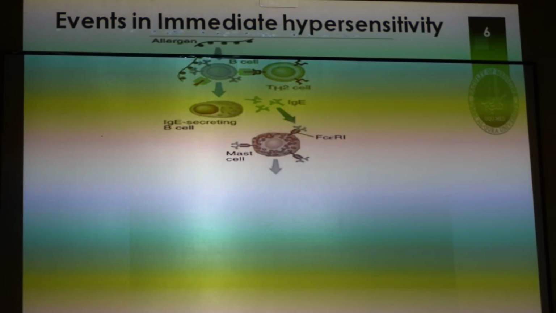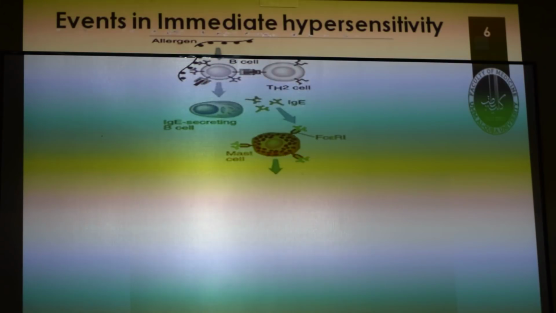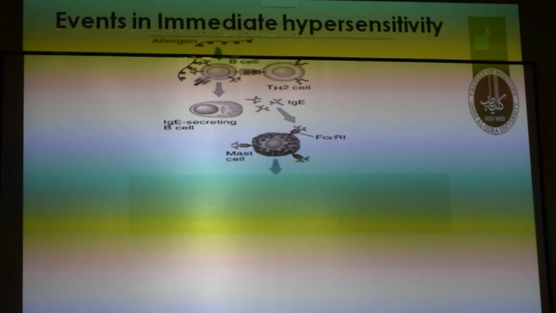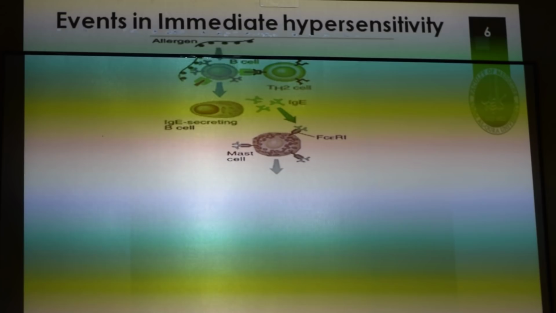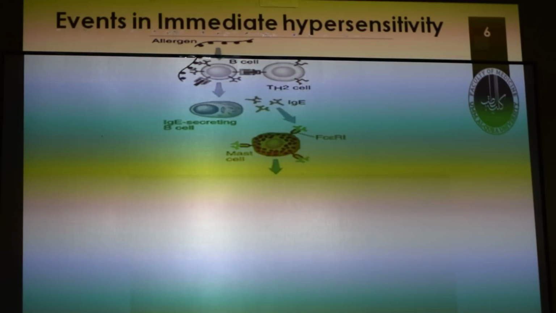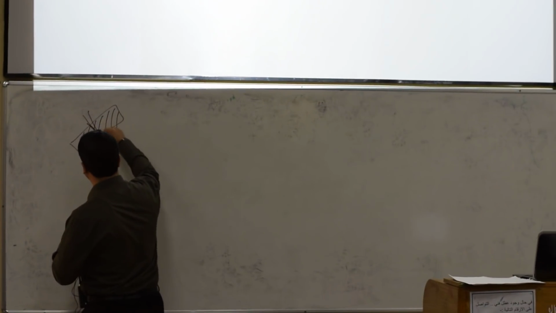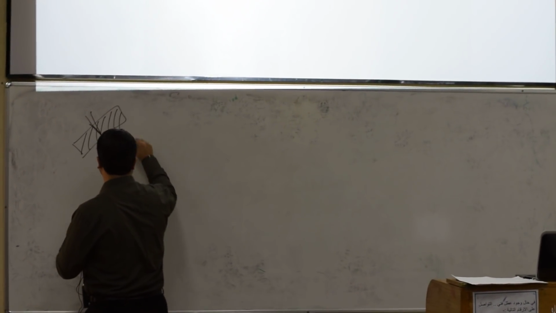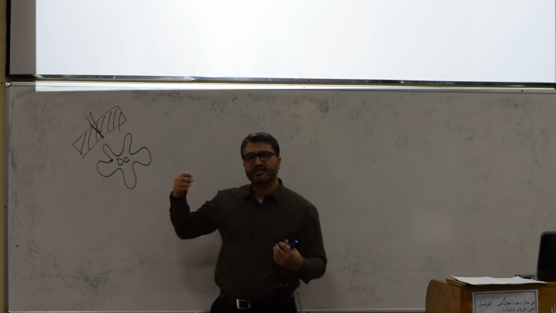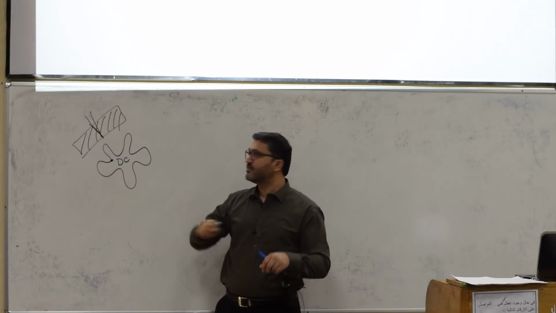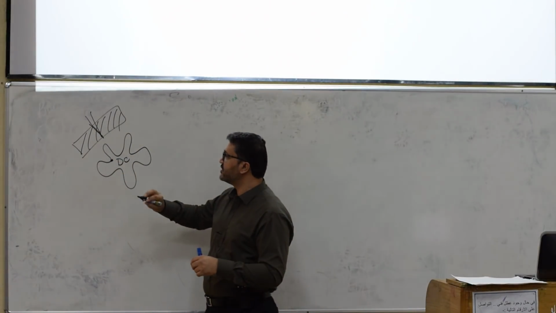Now the events in immediate hypersensitivity are shown here, but we'll go step by step. There are certain things which are not mentioned here, so I'll start here. So let's see if there is a sting or a bee venom that has been inserted into the skin.